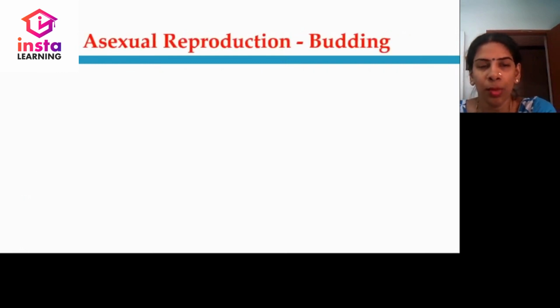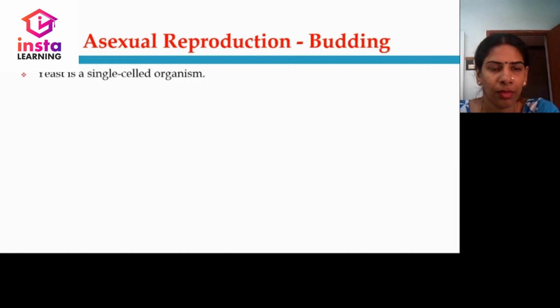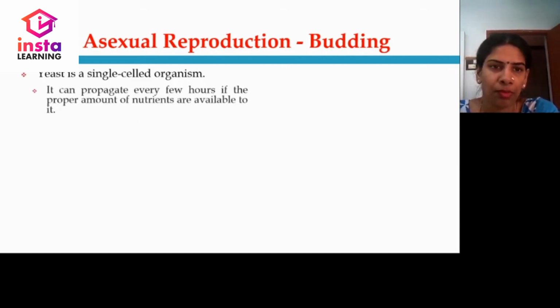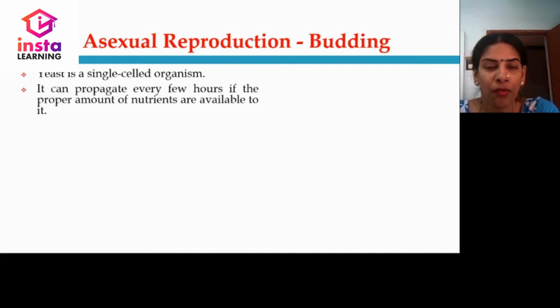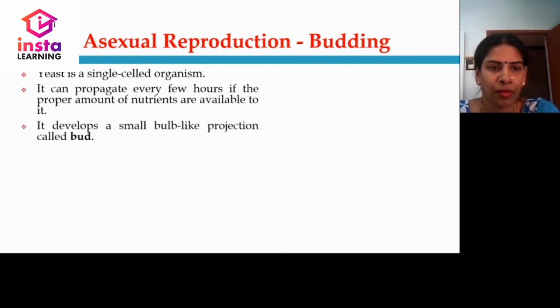Let us now discuss the second mode of reproduction, that is asexual reproduction. Asexual reproduction takes place by budding. We know that yeast is a single-celled organism. It can divide every few hours if you provide it with a proper amount of nutrients. It develops a small bulb-like projection called a bud.